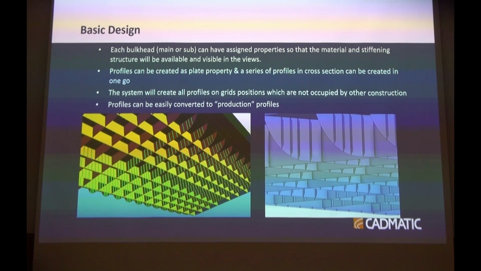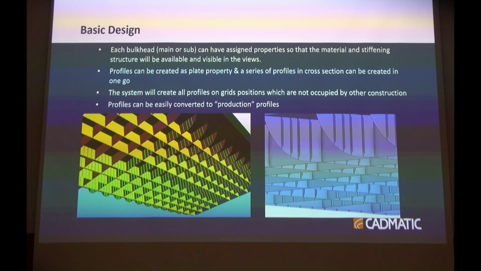After the creation of the bulkhead, each bulkhead, main or sub, can have assigned properties so that the material and stiffening structure will be available and visible in the views. Profiles can be created as plate properties, and a series of profiles in cross-section can be created in one go.